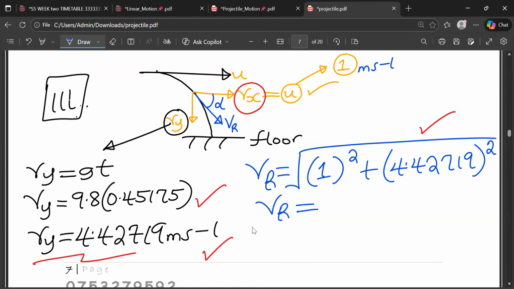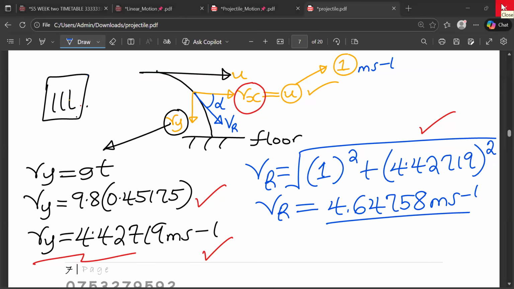Are you getting 4.6 something? Is it what you're getting? I'm getting 4.64758 meters per second. That's what I'm getting. Is it what people are also getting? Or are people getting a different answer?